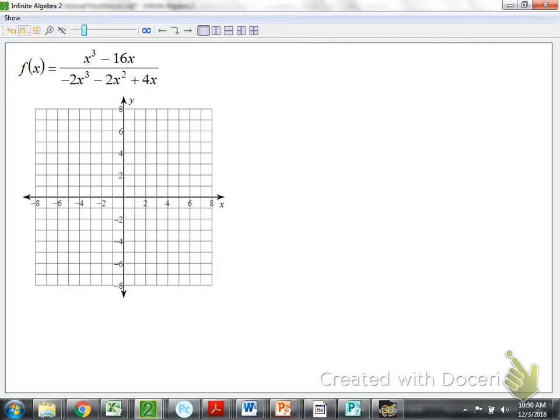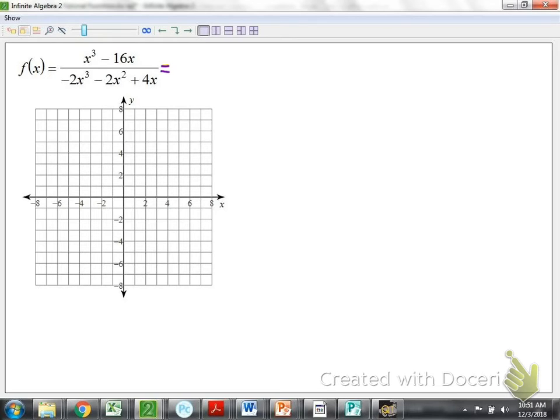X-intercepts and/or holes, right? And then the denominator zeros give us holes or vertical asymptotes, but certainly values that we need to throw away from the domain come from the values that make the denominator equal to 0. So we're very interested in the values that make numerator and denominator equal to 0. So the factorization of the numerator would be what, Walker?